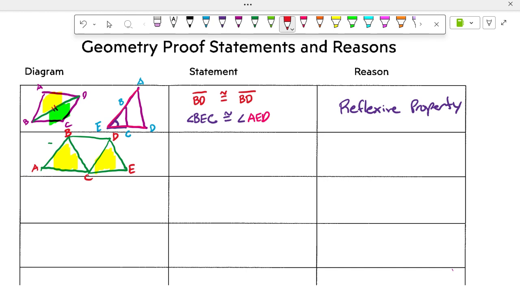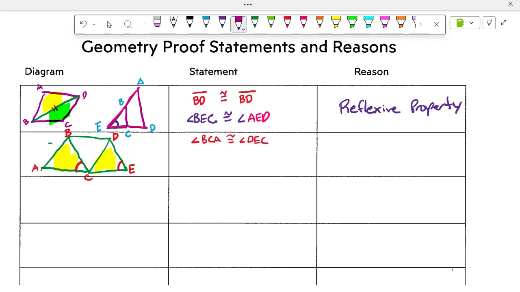Now, let's say that I said that angle BCA was congruent to angle DEC.